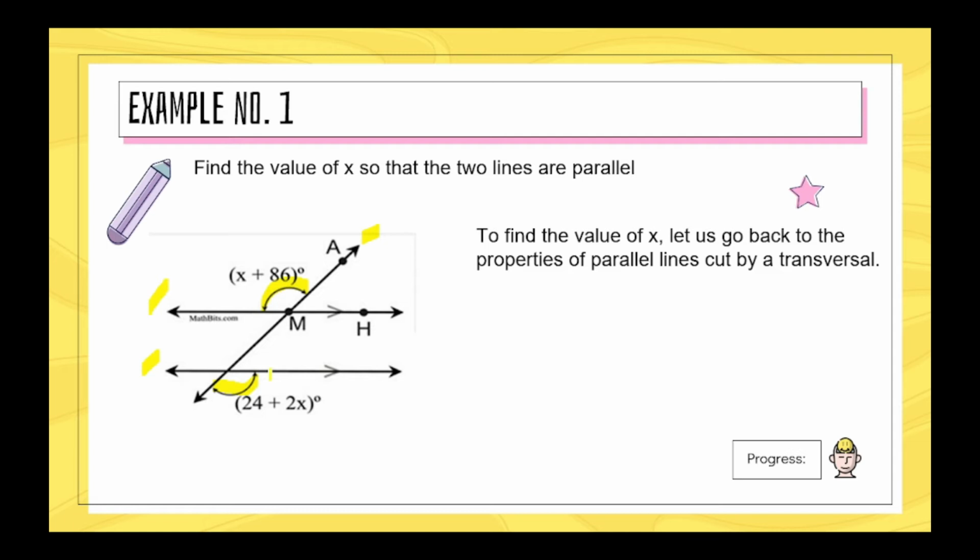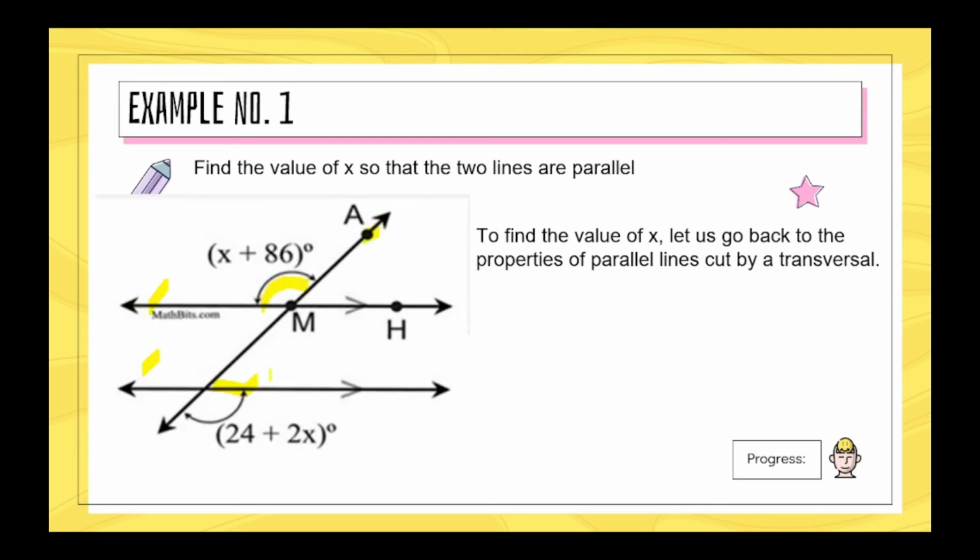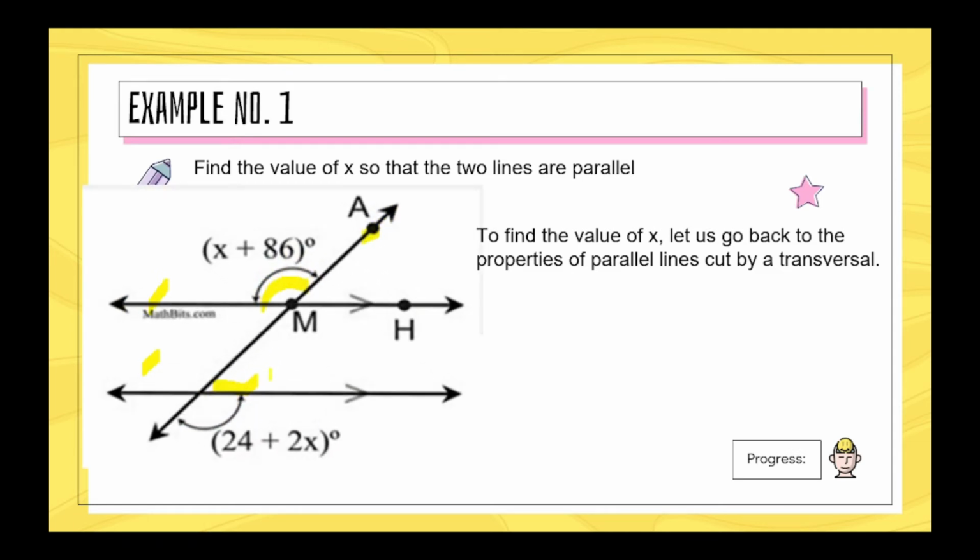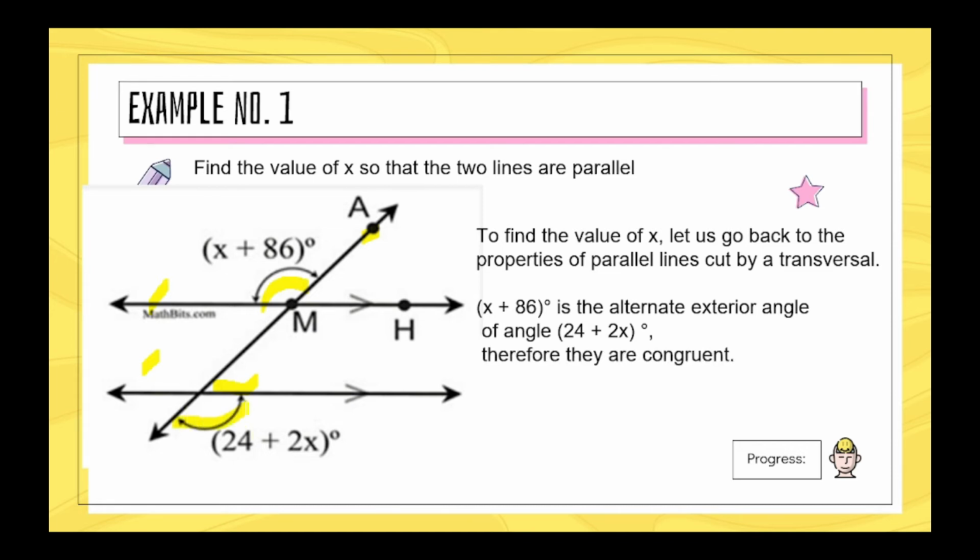That is an alternate exterior angle. So anong relationship ni alternate exterior angle? According sa theorem, alternate exterior angles are congruent. So if they are congruent, ibig sabihin yung x plus 86 ay equal kay 24 plus 2x.